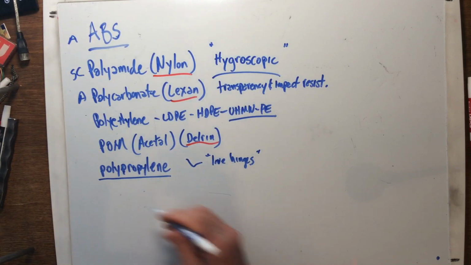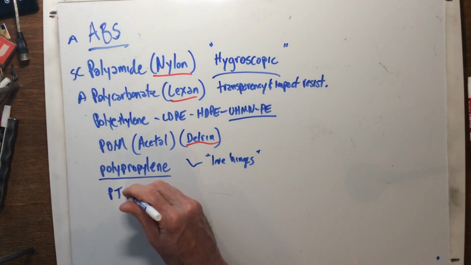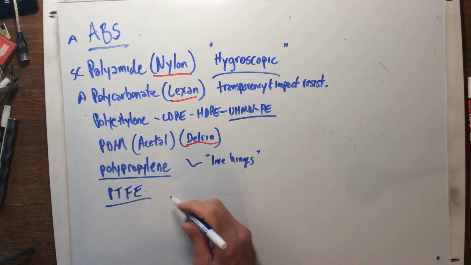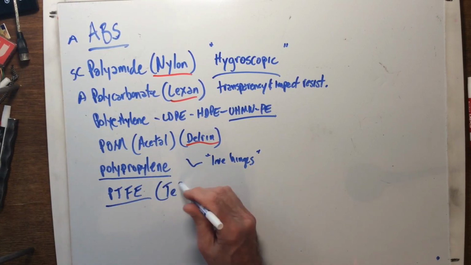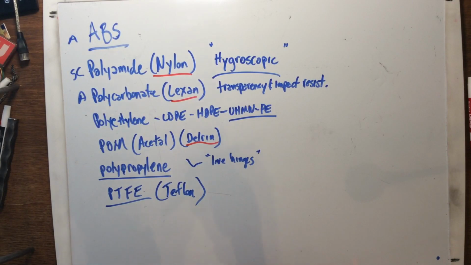Okay, and then two more to go really quickly. One of them, we mentioned it earlier, is polytetrafluoroethylene, which has a trade name of Teflon. And that also, even though it's a thermoplastic, is one of those not melt processable thermoplastics. It's extremely dense.